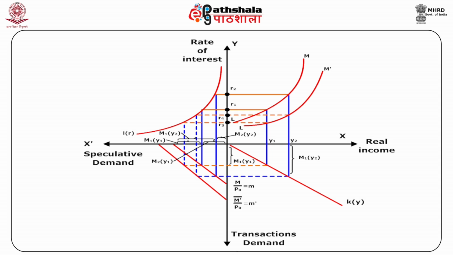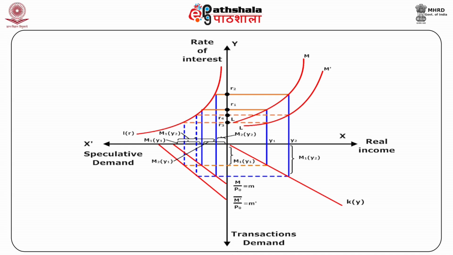So, what do we have? We have one combination, R1, which goes along with Y1, and another combination, R2, which goes along with Y2. So, we can derive an LM function by joining the 2 points R1 Y1 and R2 Y2. R1 Y1 and R2 Y2 clearly show that the LM function has a positive slope.